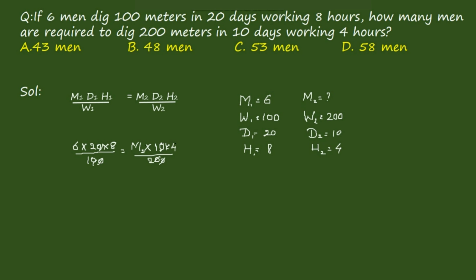The zeros get cancelled, and 4 goes by 2s. It becomes 6 into 2 into 2 is equal to M2 by 2. Then M2 is 6 into 12, 12 2s are 24, 24 into 2 is 48. So the number of men required to dig 200 meters in 10 days working 4 hours is 48, option B.